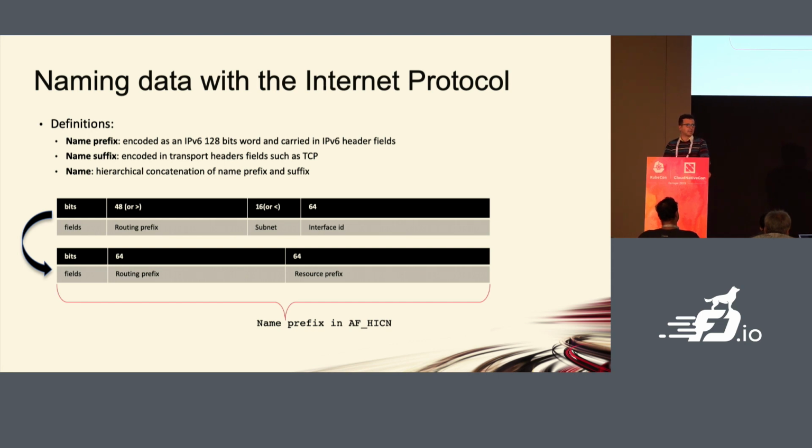It's not a locator prefix. And this is available in the layer 3 header, just like a regular IPv6 header. Then we also need to identify, in a similar way, every single IP packet in the application stream.